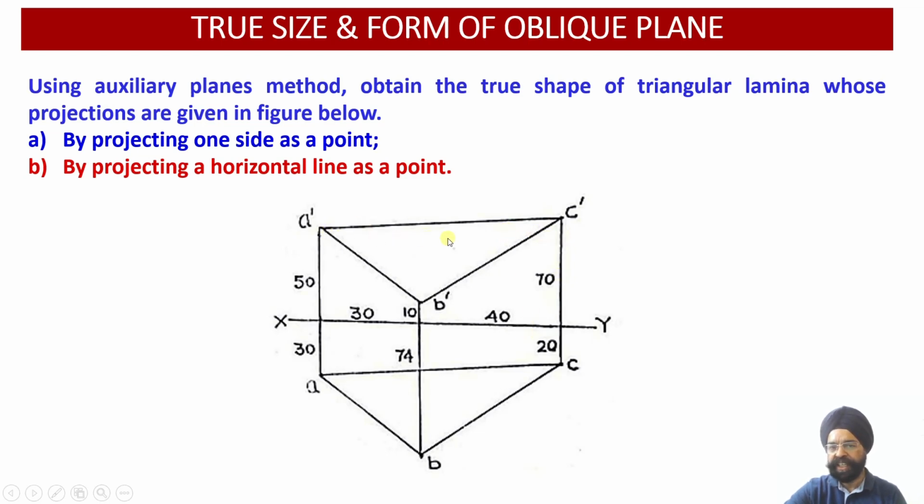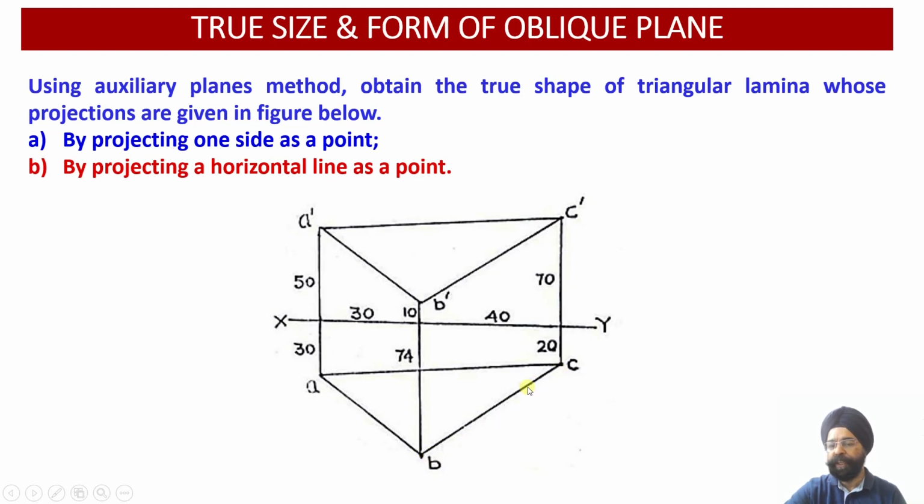If A dash D dash happens to be parallel to XY, I will bring this point D dash down. Another point D will appear over here, on the line or the edge BC.